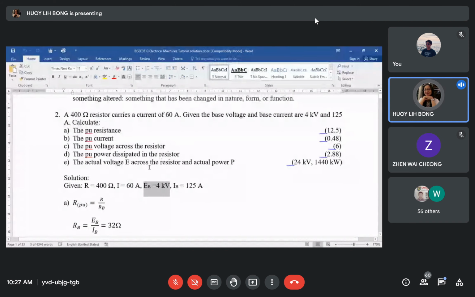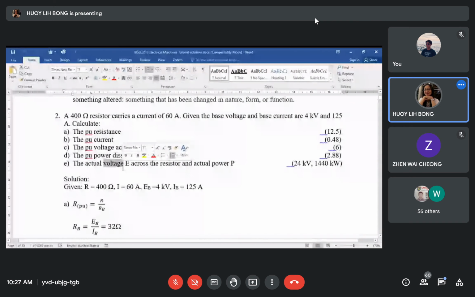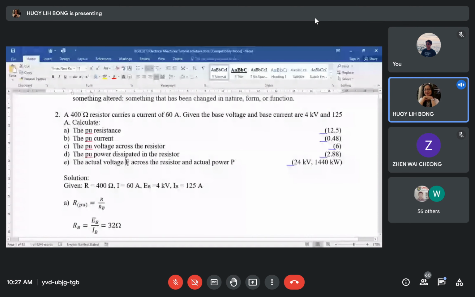That is the name of the voltage. Voltage is a unit, volt. So if you put it as E, usually it is for power systems. For electronic, you can see that your lecturer will usually use V rather than E.